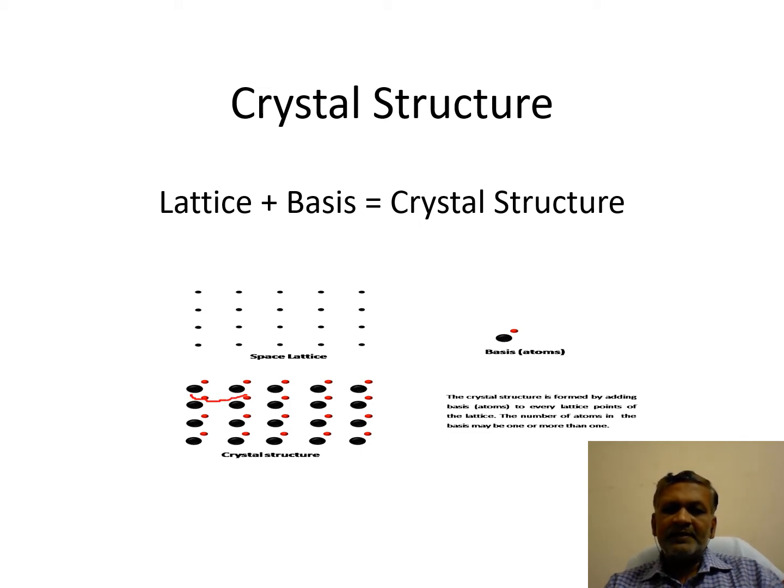Therefore, lattice plus atoms collectively is called the crystal structure. Crystal structure can be defined as lattice plus basis. Whenever you want to define a crystal structure, lattice plus basis is called crystal structure.